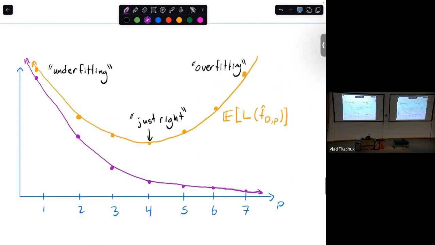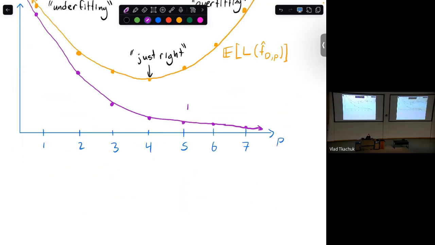So this purple guy will be L hat train of F hat on the training data set, for the polynomial P that you've run it for.